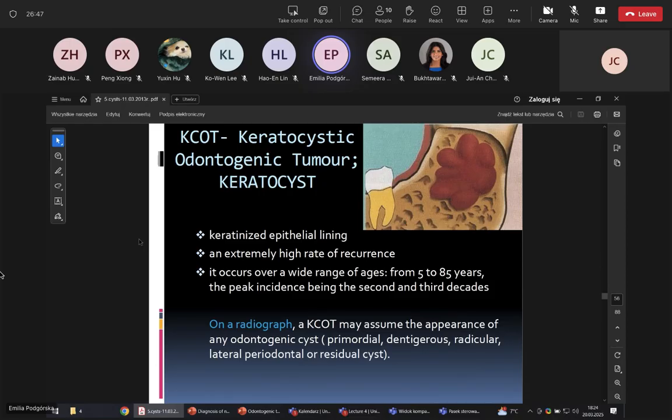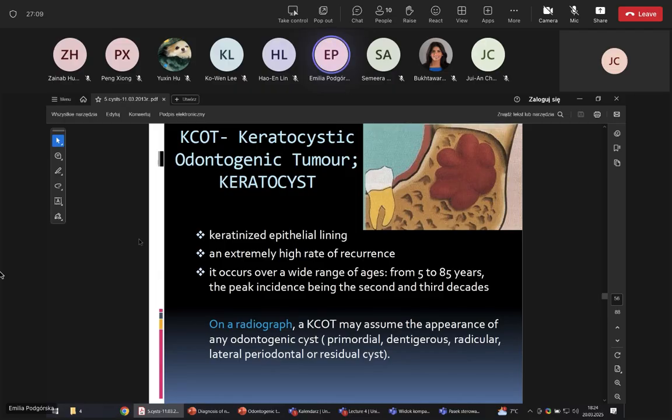Keratocystic odontogenic tumor is like keratocyst, with a keratinized epithelial lining and an extremely high rate of recurrence. It occurs over a wide range of age, from 5 to 85 years. The peak incidence is in the second and third decades.